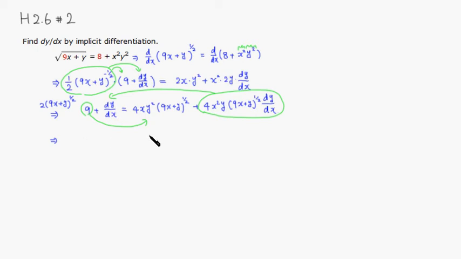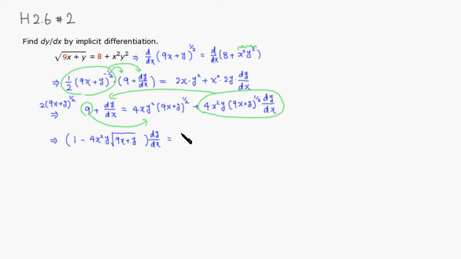Both of them have a dy over dx, so you have 1 dy over dx, so it's 1. And I'm going to put this term over to the other side, where it becomes negative, so it's negative 4x squared y square root of 9x plus y. Then everything else is on the other side.